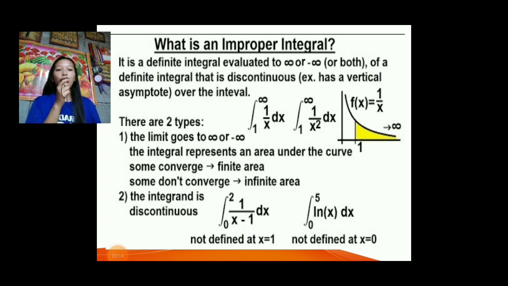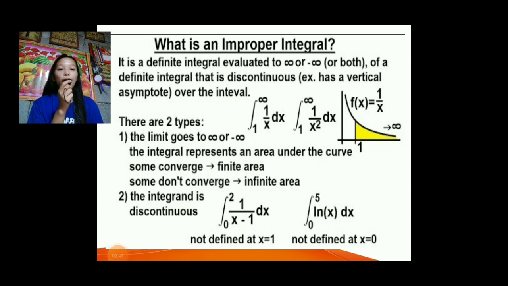We could say that the integrand is discontinuous if, for example, the integral from 0 to 2 of 1 over (x minus 1) dx is not defined at x equals 1, because if we substitute x equals 1, the denominator would be equal to 0, and that means the integrand is discontinuous.